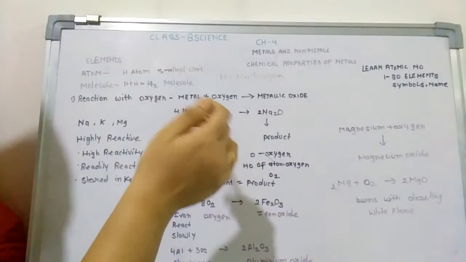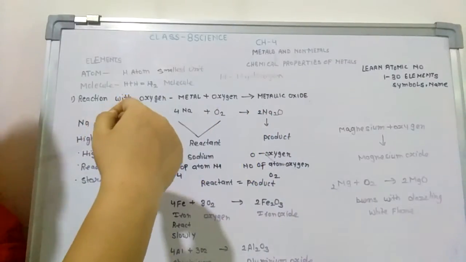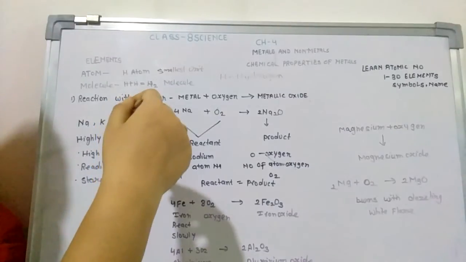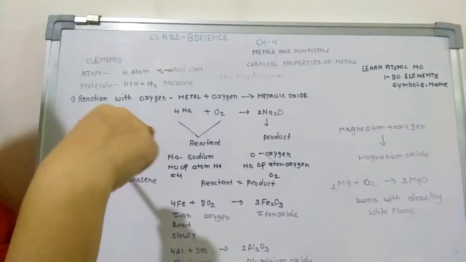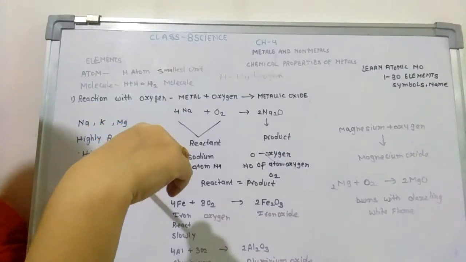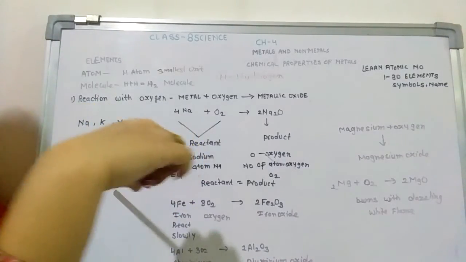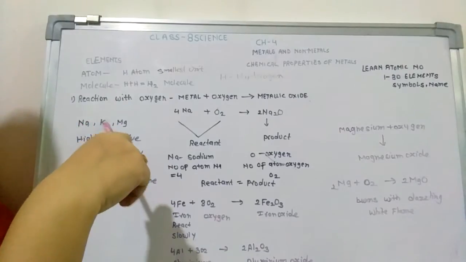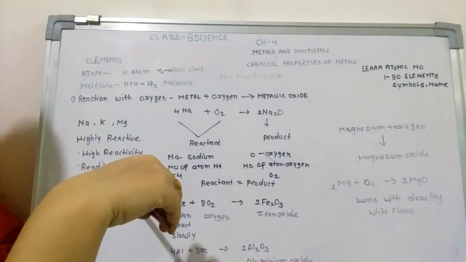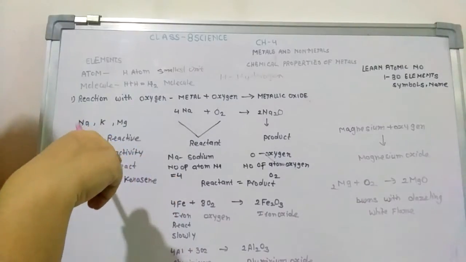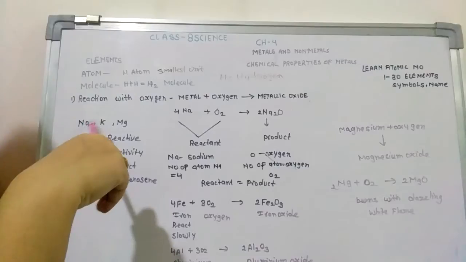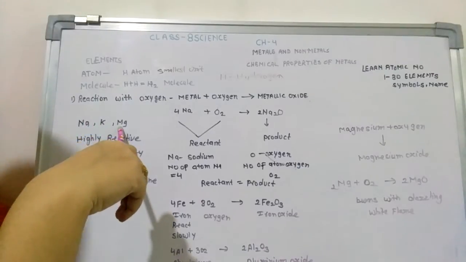Metals like sodium and potassium are highly reactive metals. They possess high reactivity, so they readily react with oxygen. That is why sodium and potassium are stored in kerosene. Here I have written the symbols: Na is the symbol of sodium, K is potassium, and Mg is magnesium.